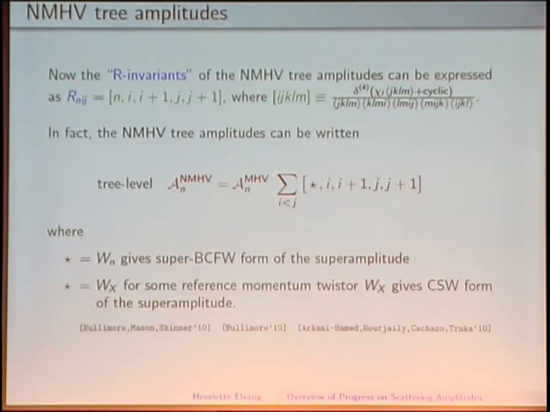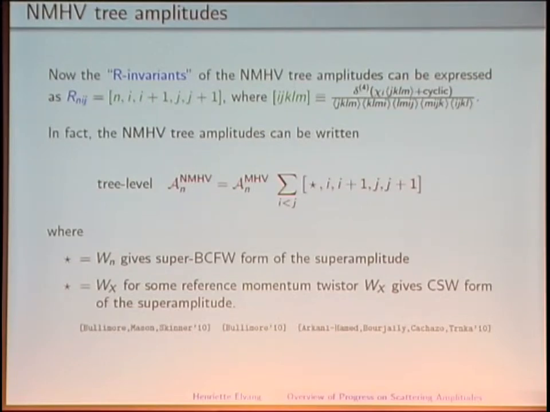Okay, in this language then, the NMHV tree amplitudes can all be written in the form where there's an MHV factor, and then there's just a simple sum over these 5-brackets here. Now I left a star here to be determined, and you can choose this in different ways. If you choose the star index here to be one of the external lines, now remember that the external lines in momentum twistor space are encoded in these n points where the different lines intersect.